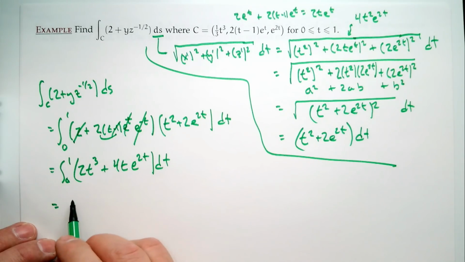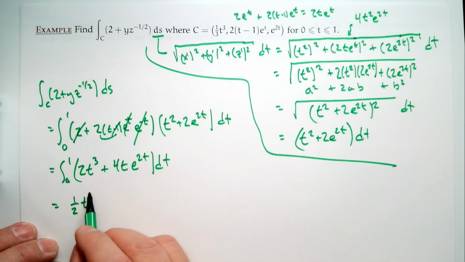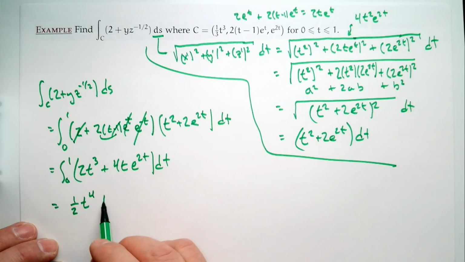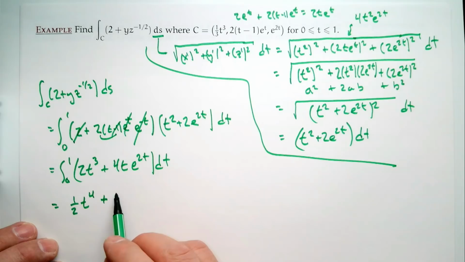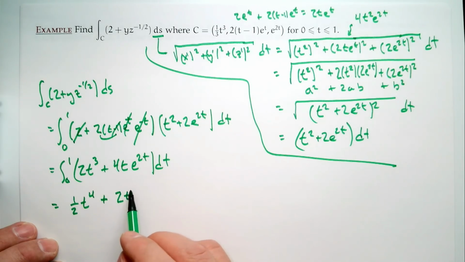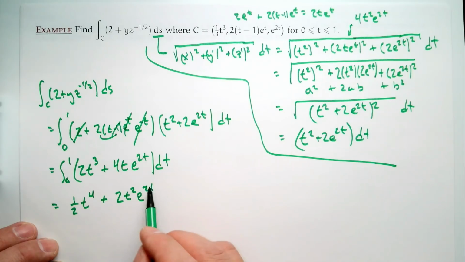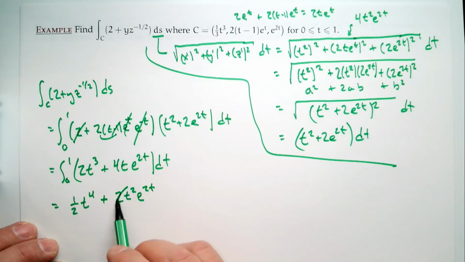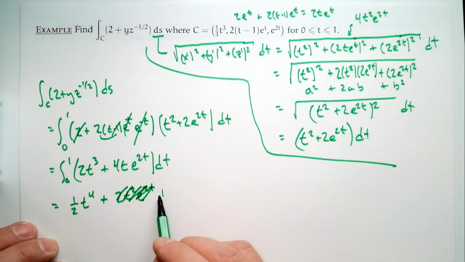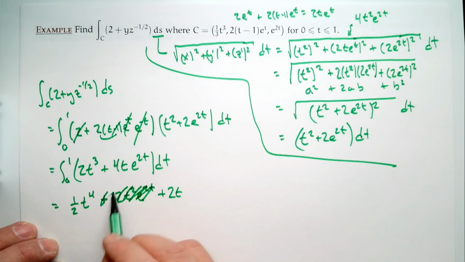The first integral, that's 1/2 t to the 4th, and then in the second integral, what would we have? Well, you'd end up with 2t squared e to the 2t. No, you wouldn't. You would end up with 2t. Sorry, I'm trying to do integration by parts in my head.